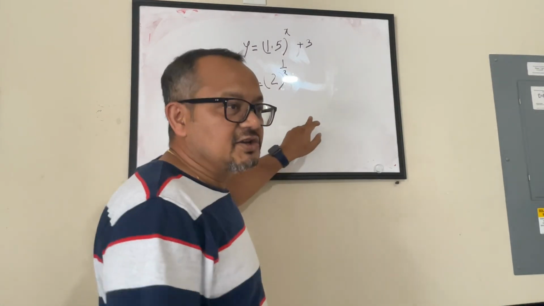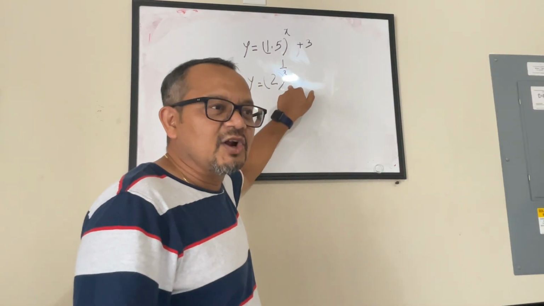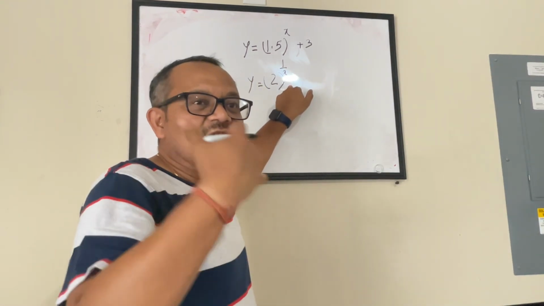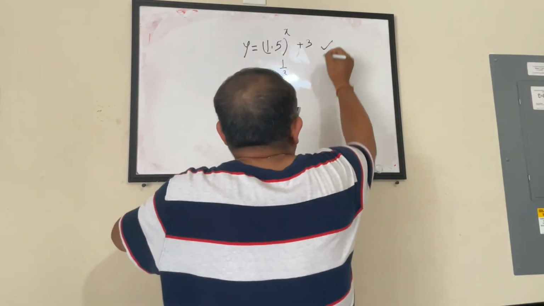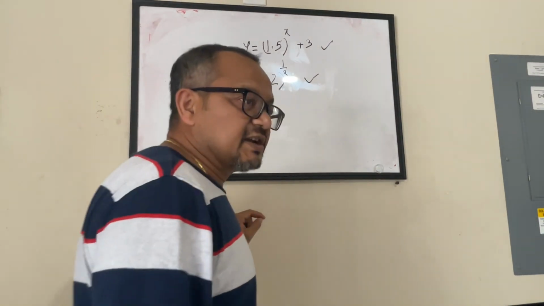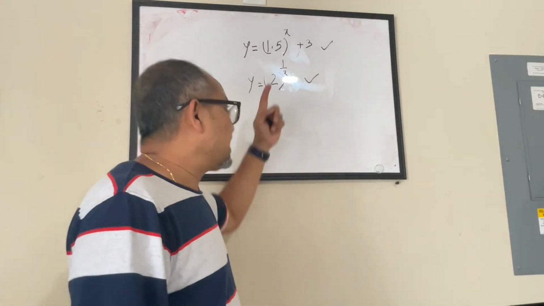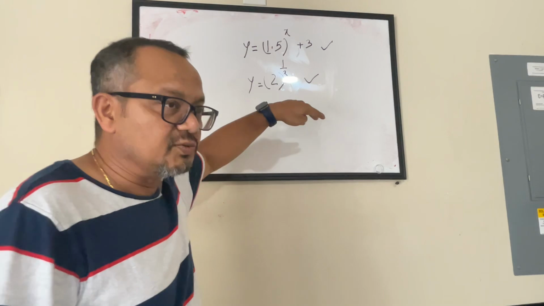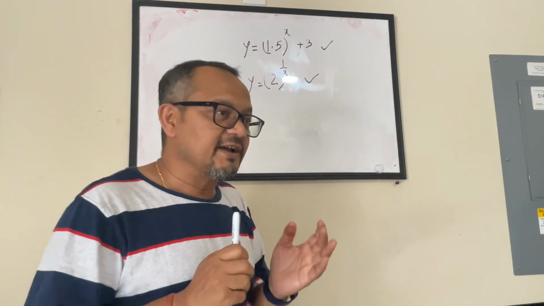I have not taught you guys what 1 by x is here, but I still want you guys to think about it and tell me which one is a positive and which one is a negative slope. And it's very easy to do.